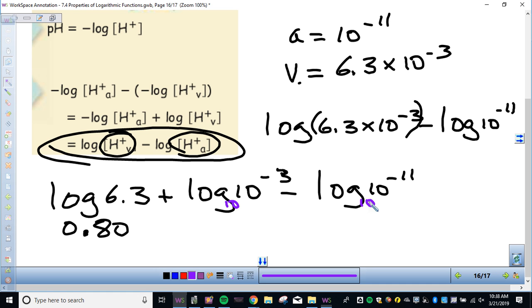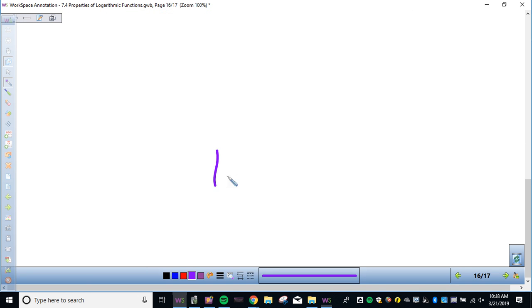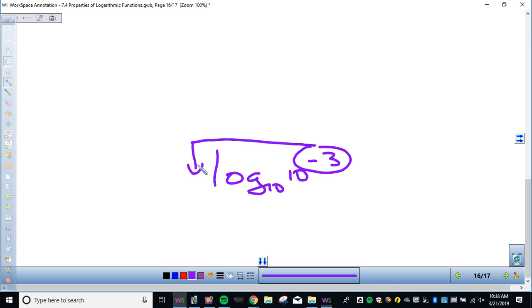Log 10 of 10 is 1, but how about that negative 3? Where's that go? Not on the bottom. Right? So if I have log base 10 of 10 to the negative third, that negative 3 goes in front. So I have negative 3 times, what's log 10 of 10? 1.